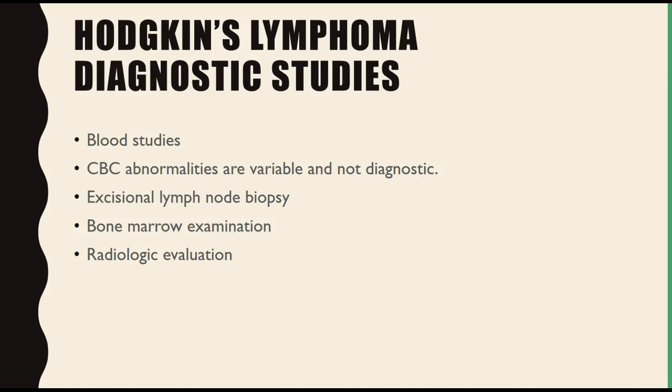And then radiologic evaluation is done with a PET scan, where they do positron emission tomography. They will use a radioactive sugar type substance, and they will put it into the body, and if there's cancer cells, this radioactive material will collect in those cancer cells, so they can see that very clearly in the scan. They will also use CT scans to get better detail of tissues, and this is all to help find the sites of disease and determine the clinical stage of the disease.